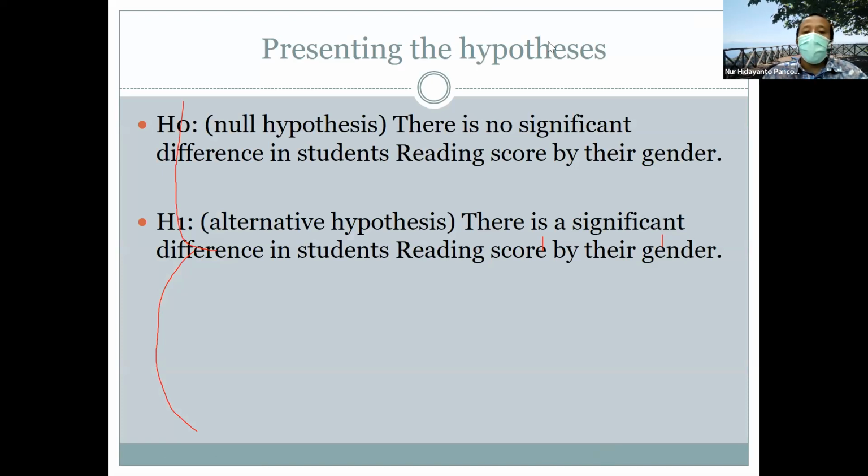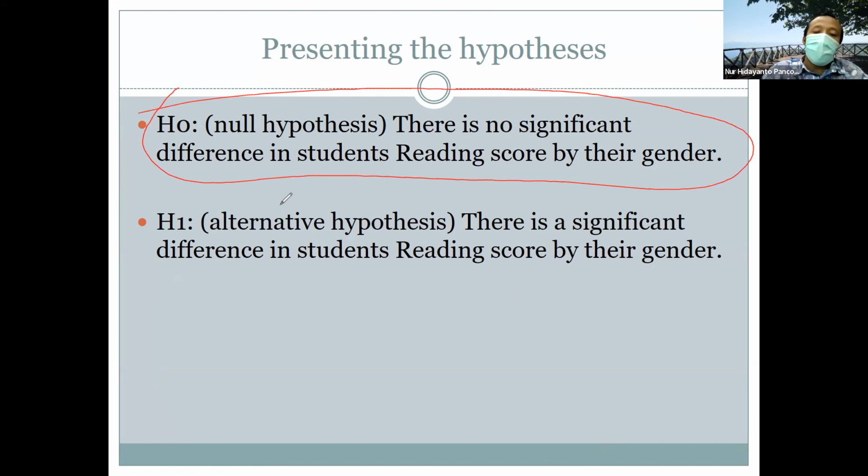But before we compare the means from the two groups, we need to make hypothesis first. This hypothesis is built by referring to the theory that you already have, that you have written in your literature review.